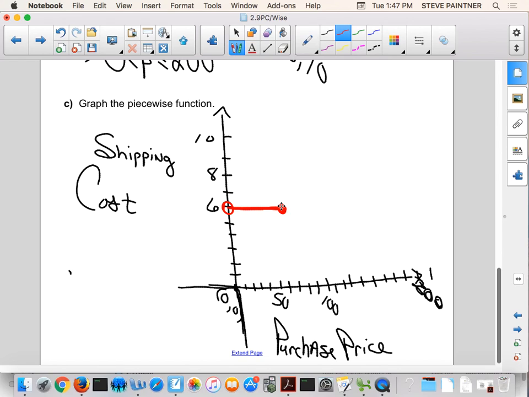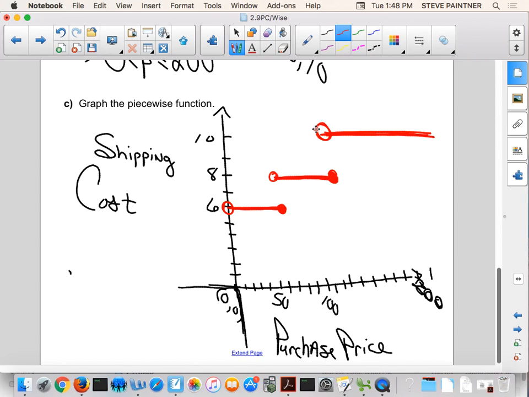Okay, when will you be charged $8? From what to what? 50 to 100. Okay, from here to here. Now you tell me which one's open, which one's closed. Left is open. Right is closed. Good. When do you get charged $10, from what to what? 100 to 200. 100 belongs with this one, not this one. 200, does it belong with the $10?